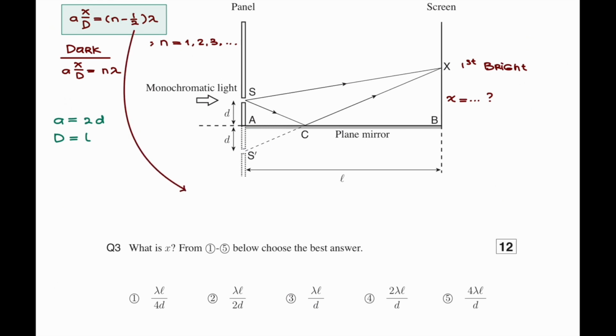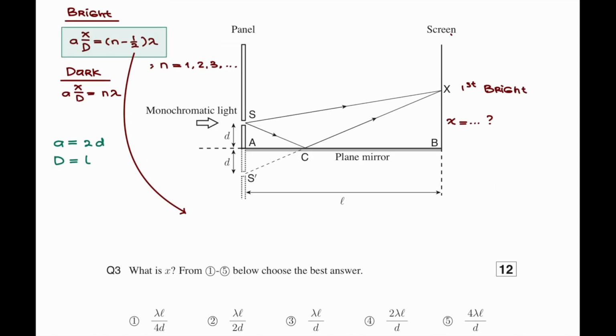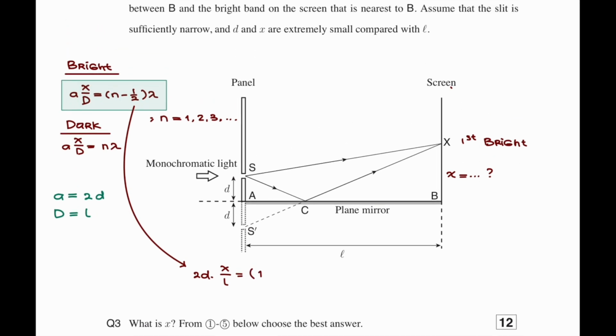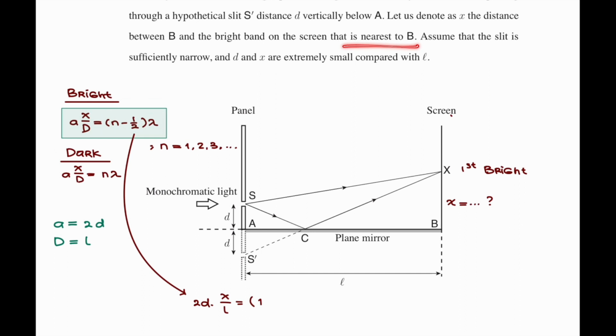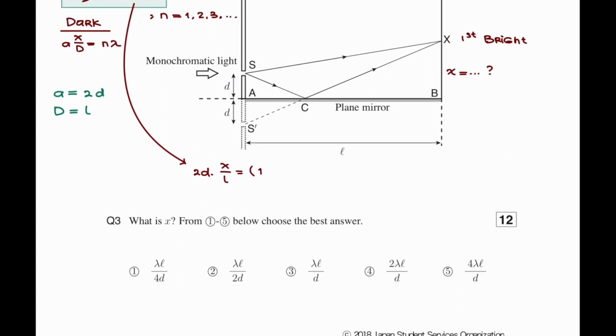Okay, let us substitute. A equals 2D, times x over D, where D equals L, equals, n is 1 because we want to find the first bright, the nearest to B, minus half, times lambda.